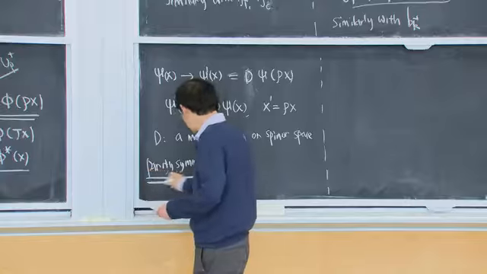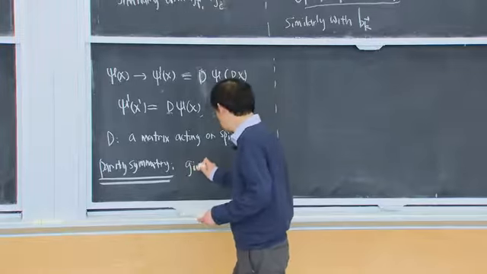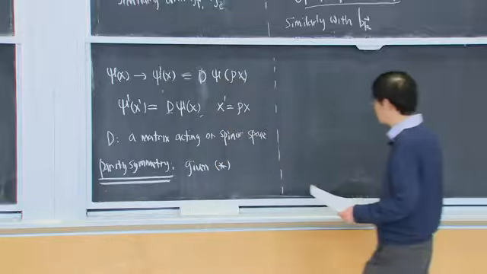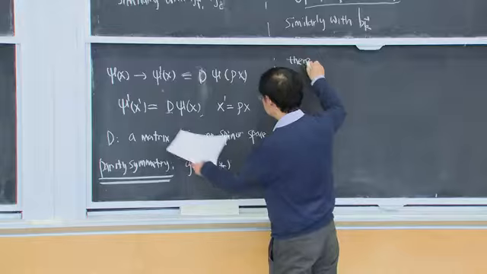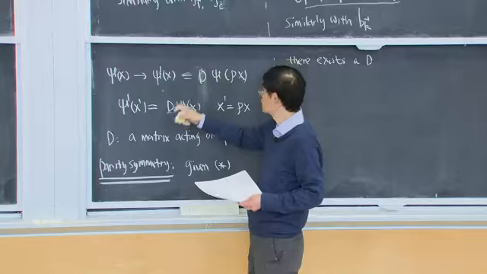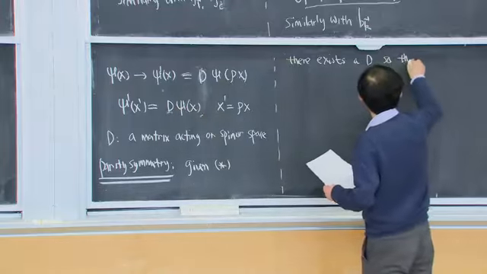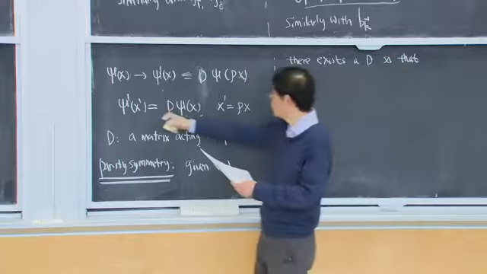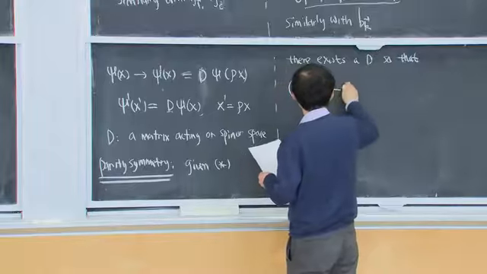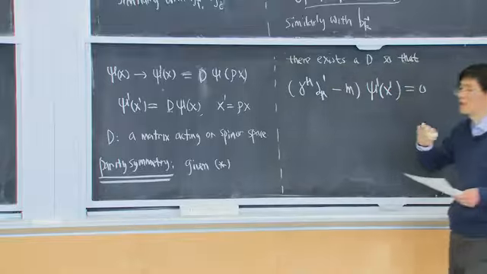When we say the Dirac equation has a parity symmetry, it means that if we start with a ψ which satisfies the Dirac equation, then there should exist such a D, such a matrix, such a transformation, so that this transformed ψ still satisfies the Dirac equation, but in the reflected space.